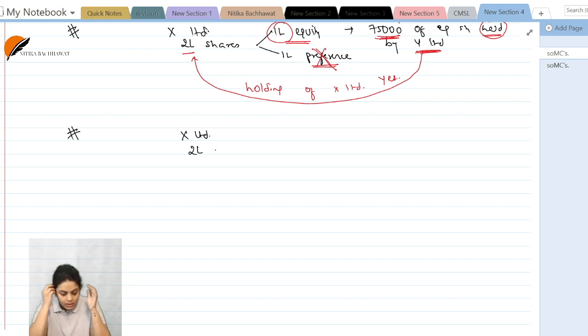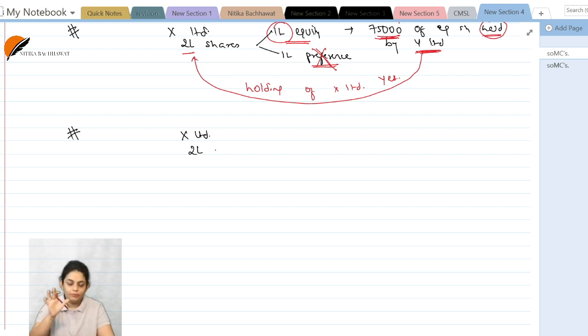Right? So, X Limited has 2 lakh shares. Since nothing is given here, whether shares are equity or preference, obviously the shares are what? Equity shares. X Limited has 2 lakh equity shares. Now, generally, one share gives you one vote. Every share gives you one vote.